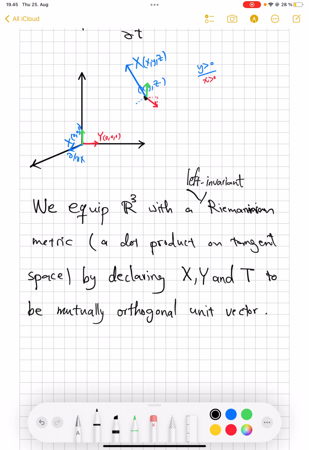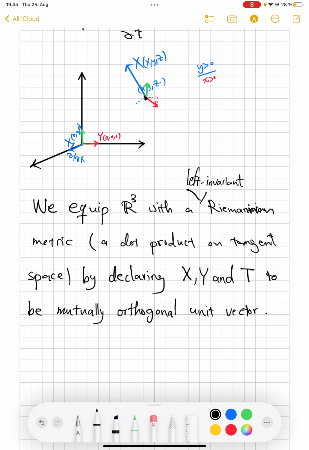In fact, how do you know such a metric exists? The way to do it is actually start at the origin. You have just one tangent space that is a copy of R3, and you declare any three linearly independent vectors you like to be an orthonormal basis. And then by left translation, you can translate that dot product to any other tangent space. And that, by very construction, is a left-invariant Riemannian metric.